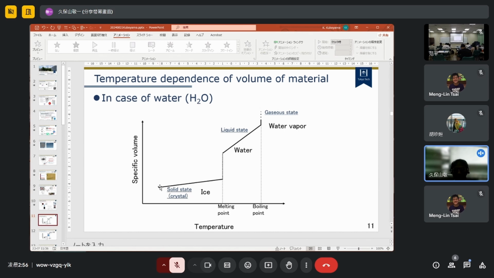When you heat the sample, the volume slightly increases, and at the melting point the volume increases suddenly and it becomes liquid water. When you increase the temperature further, at the boiling point it becomes a gaseous state, water vapor. That is normal. So water has three states, three phases.